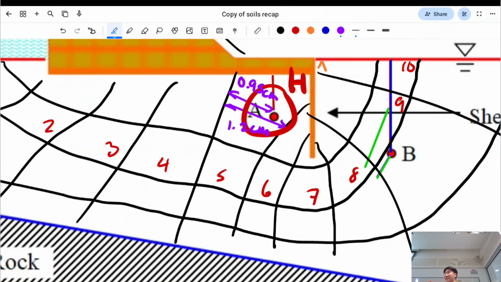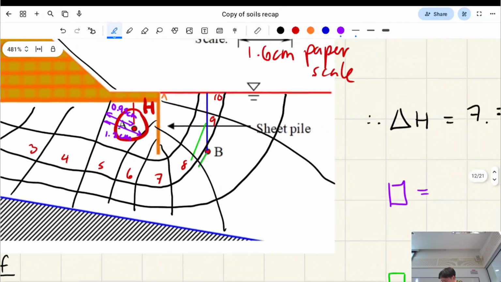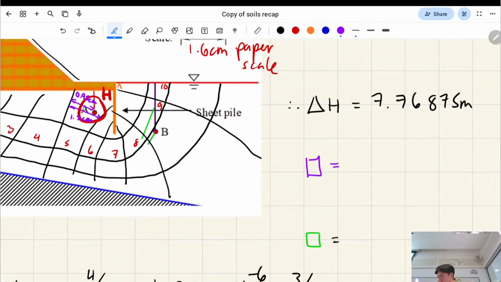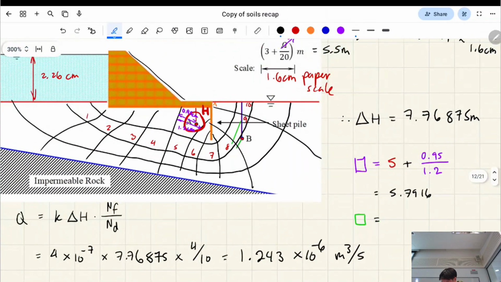That's the ratio of how many squares across that one. So that's what we're going to do over here. I've called this purple box just for explanation's sake, but we've gone 5 drops across, plus 0.95 over 1.2. That's how many squares across we're going to consider it as.